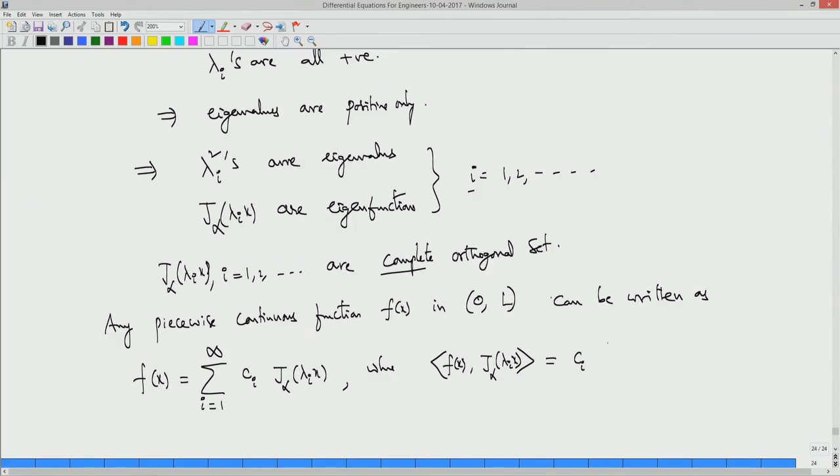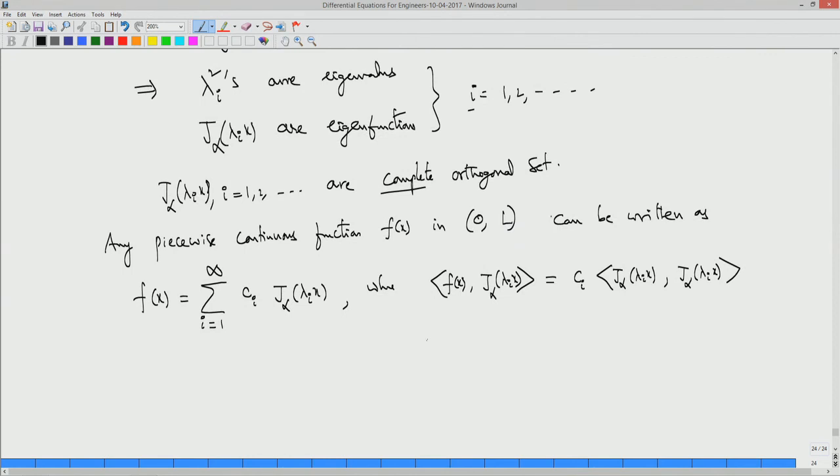which is equal to Ci times this dot product, J alpha of lambda i x with J alpha of lambda i x. What is this dot product? Integral from 0 to L of x f(x) J alpha of lambda i x dx. J alphas are all real-valued functions, so the bar is immaterial.